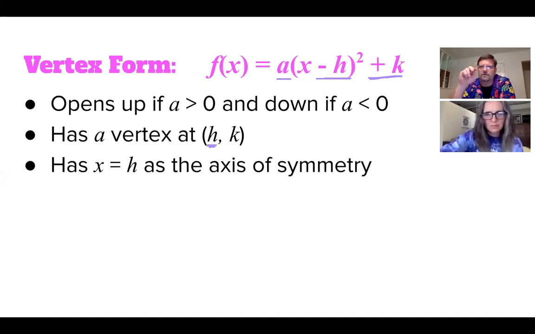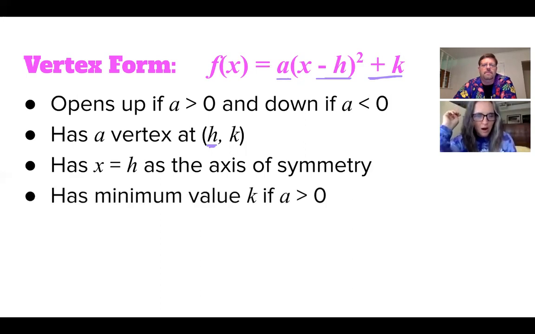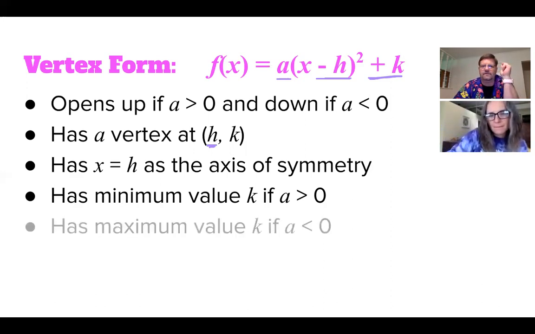The vertex and the axis of symmetry always share the x-coordinate. If it's an opening upwards graph, it will have a minimum at k. The lowest value on the graph will be k. And if it's a negative leading coefficient, it will have a maximum, and that maximum is always k.